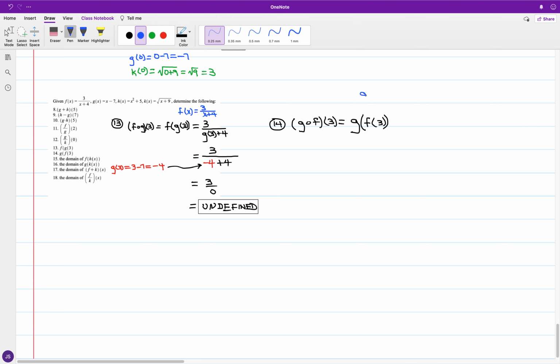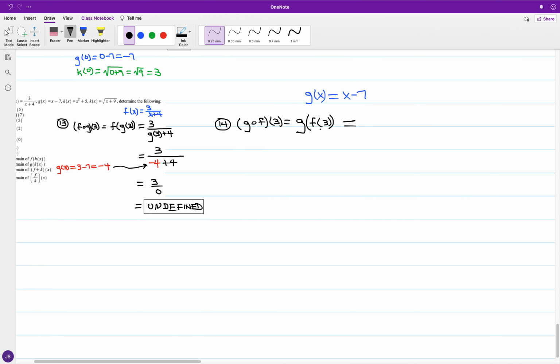Okay, so we'll operate in accordance with g of x. For g of x, that is equal to x minus 7, and so for what I have here with the input at f of 3, this is going to be f of 3 minus 7.